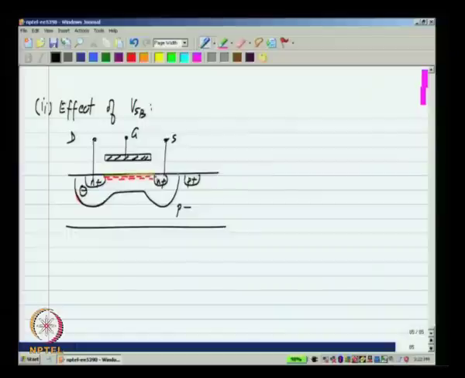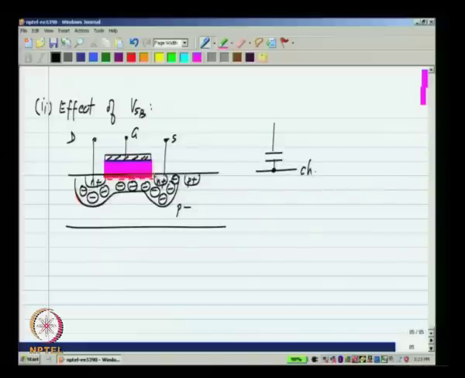Okay. Now, actually if you observe this, there is not one capacitor, but two. Okay. First of all, there is the capacitance between the gate and the channel, and also there is a capacitance between the bulk and channel across the depletion layer. Okay. So, you can think of it as having the capacitor from gate to the channel.